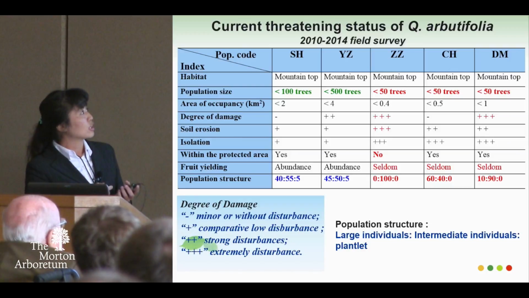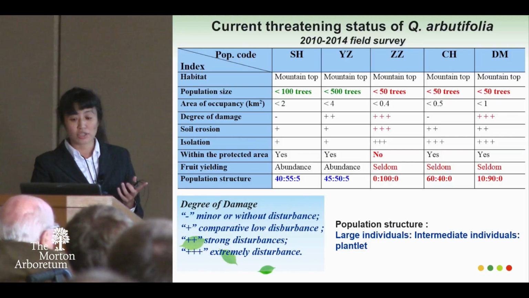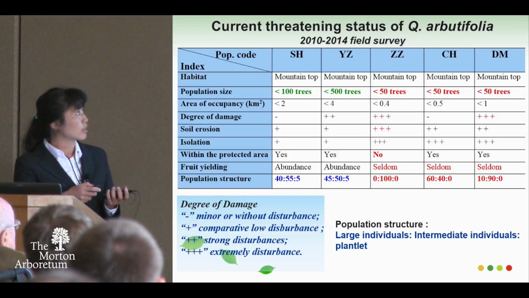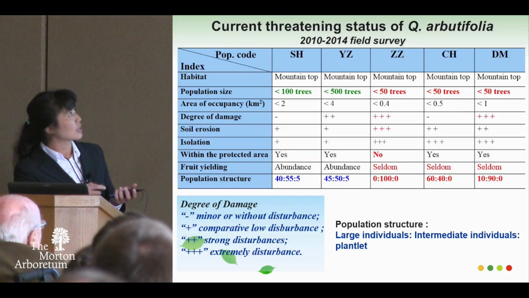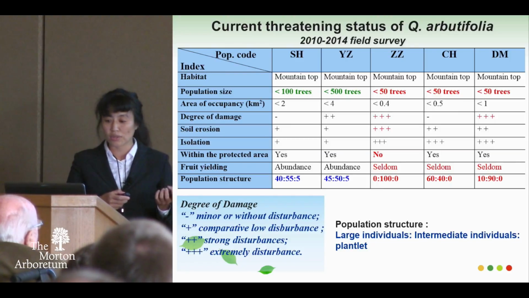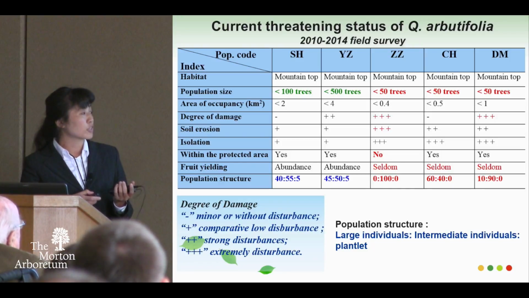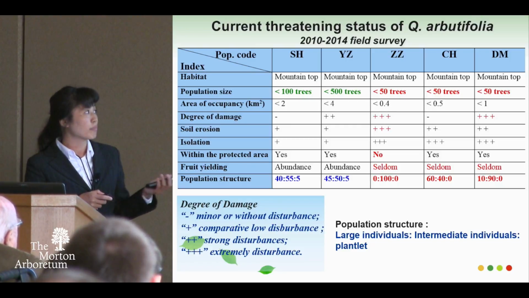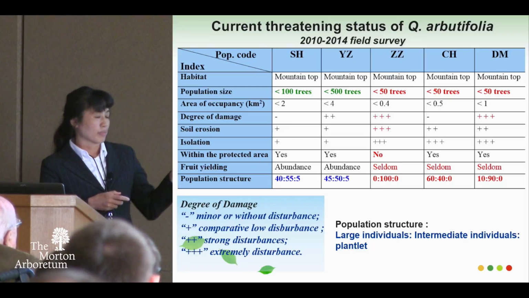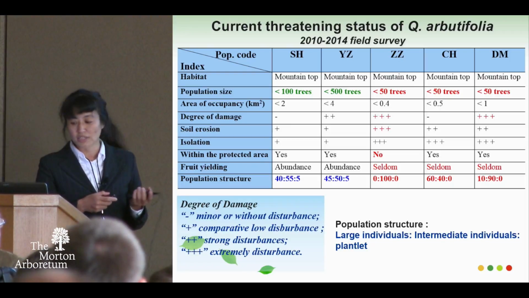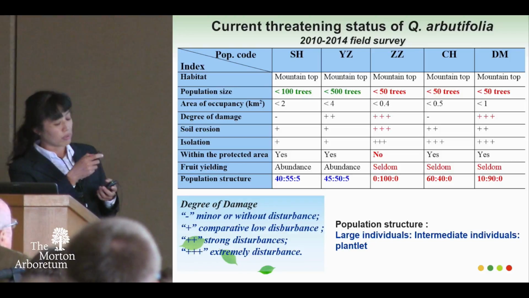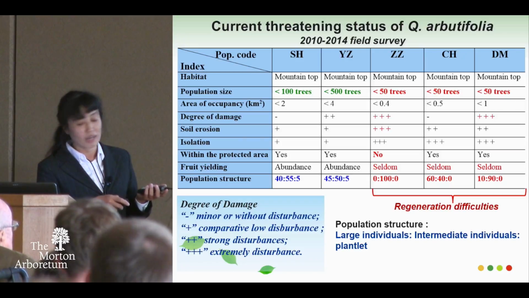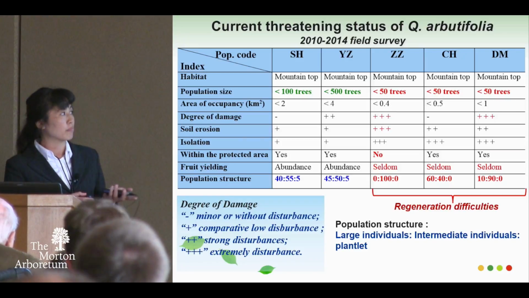So, we summarized our field collection and field survey results, and we found some very interesting patterns, because the CH and ZY populations usually maintain a larger population size, and the population structure seems to still have young plants growing and the ability to reproduce. But the other three, which I marked in red, seem to already have reproductive difficulties, because no seedlings were found on the ground.